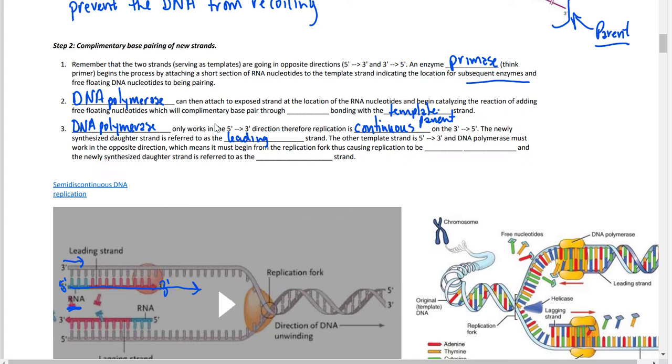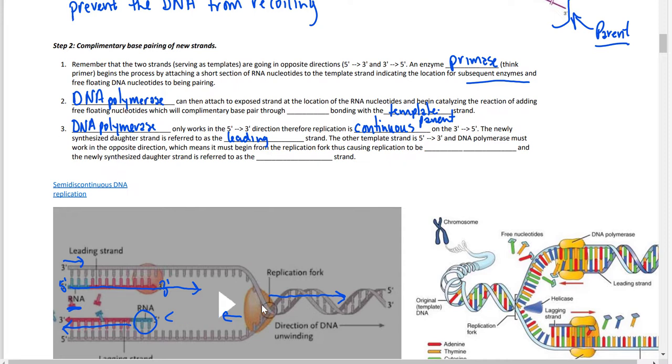And the other template strand is 5 prime to 3 prime, and DNA polymerase must work in the opposite direction. So you see the RNA primer here, and then DNA polymerase must work here. So what happens is as the fork proceeds this direction, as helicase unwinds, a new strand has to start from the fork with the primer and then DNA polymerase attaching the rest here. And so we kind of have this lagging bit because it's not happening continuously.